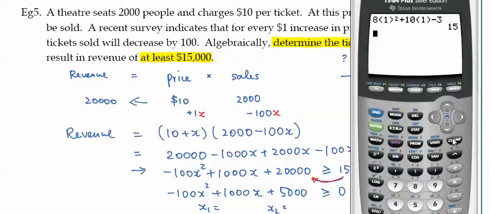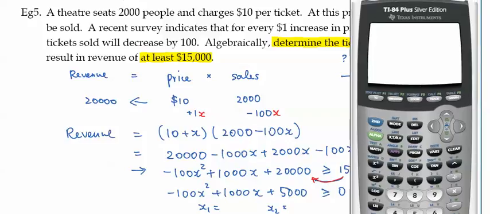Here on my calculator, I'll be using the quadratic formula to solve this equation. We have negative 1000 plus or minus the square root of b squared minus 4 times a times c.